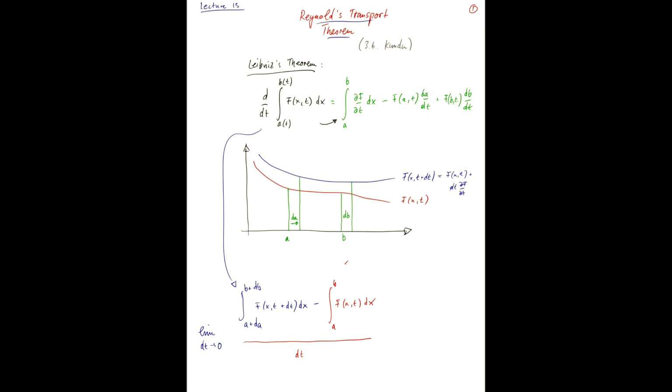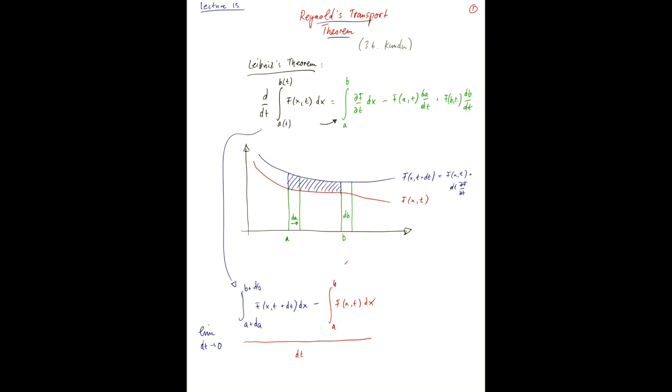So what Leibniz's theorem states is that the change in our function is associated with three areas. It is essentially the area integral from a to b times df/dt.